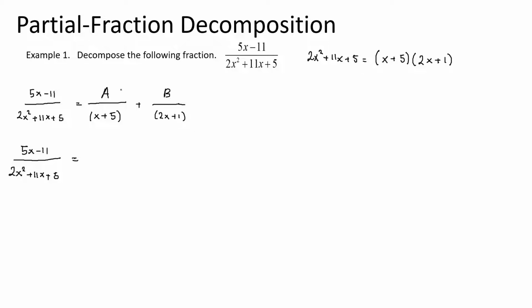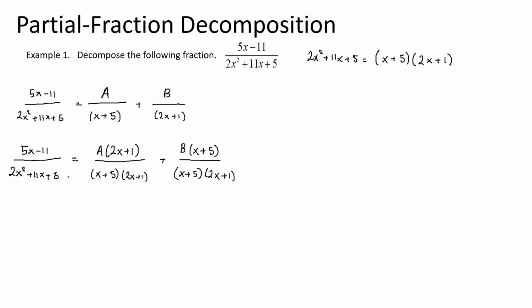The first fraction gets multiplied by (2x plus 1), so it'll be A times (2x plus 1), and your denominator will be (x plus 5) times (2x plus 1). Your second fraction gets multiplied by (x plus 5), so B times (x plus 5), and your denominator still will be (x plus 5) times (2x plus 1).